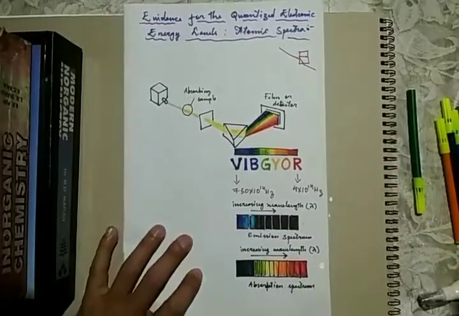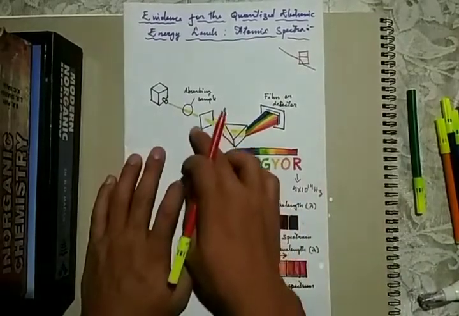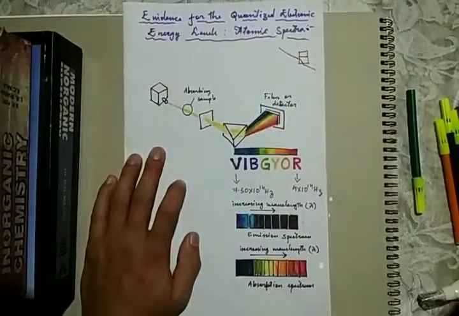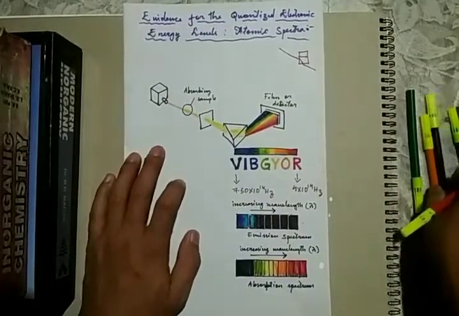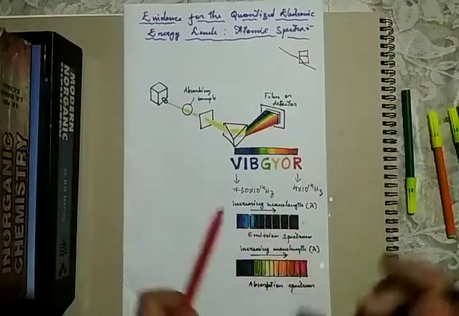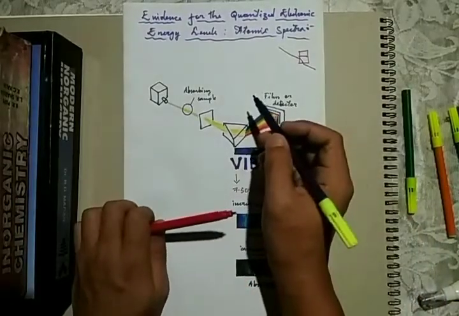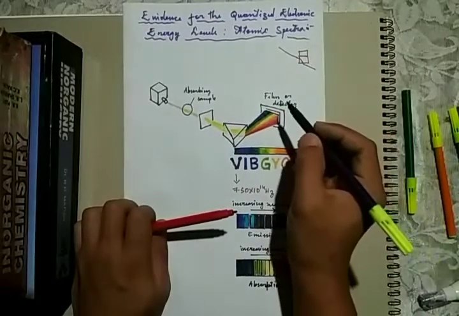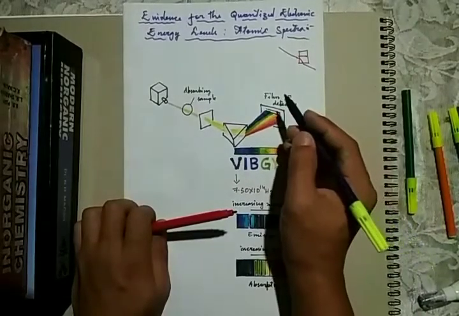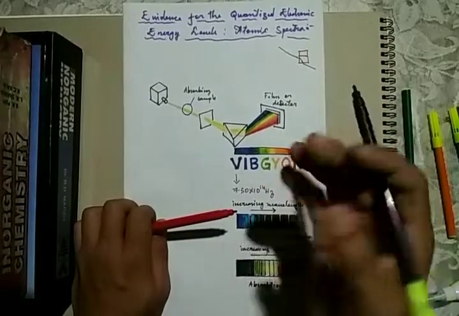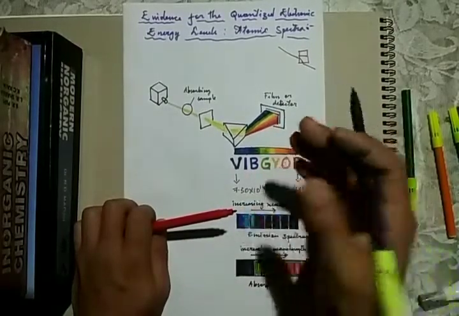Actually, the light or waves with a shorter wavelength bend more than the light or waves with a longer wavelength.